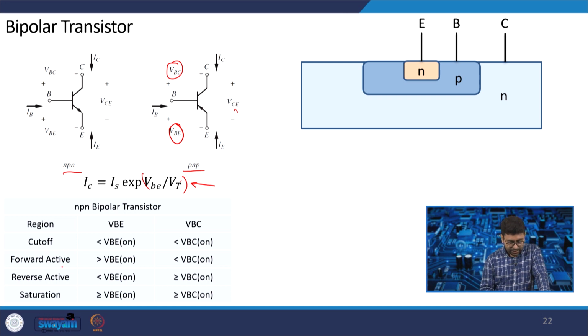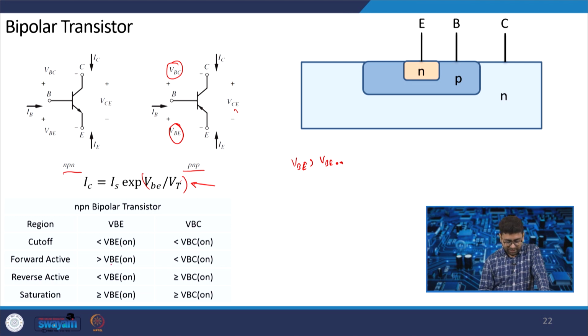In the forward active region, VBE is greater than VBE on, which is the 0.7 volt we consider, and similarly for VBC there is a VBC on voltage.